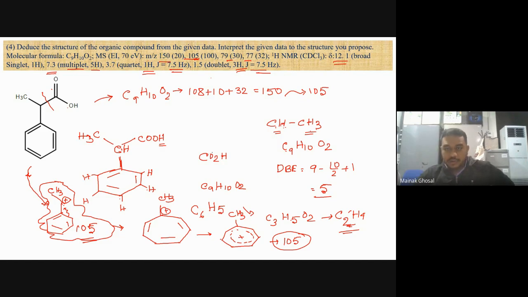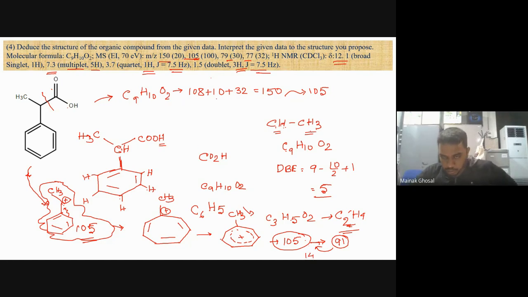Now you see how much is the difference. In the previous case I told you the peak will be at 91; here you are seeing a peak at 105. So you see the 14 unit difference.